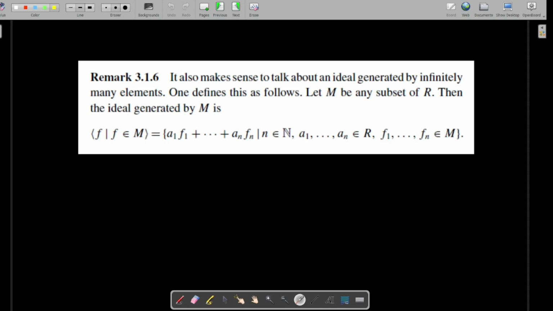So actually this set M is an infinite set, but at a time we are taking only finitely many elements in M, and considering linear combinations of such finitely many elements, and we consider the set of all such finite sums. Then the set becomes an infinite set, and this is an ideal generated by the elements in capital M. So there may be ideals generated by finite sets or by infinite sets.